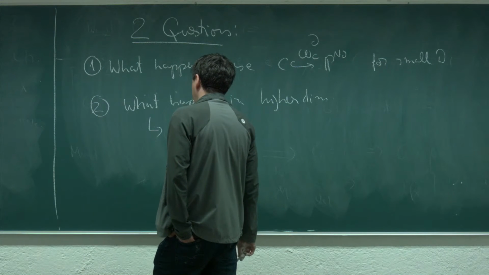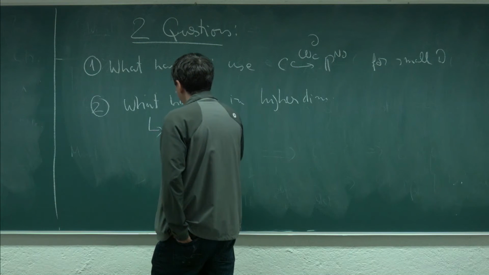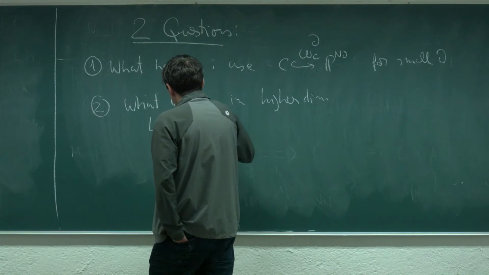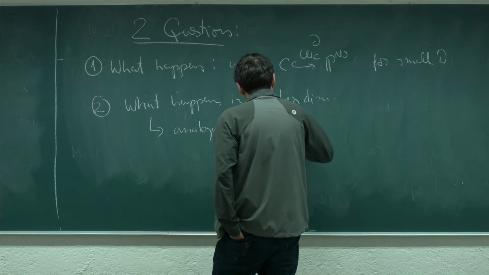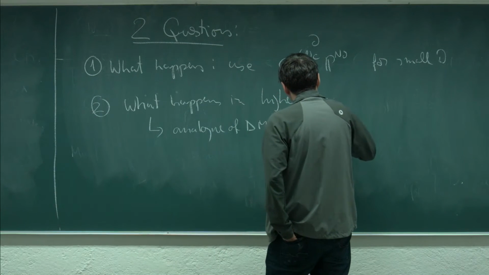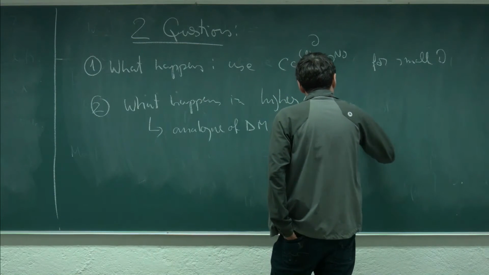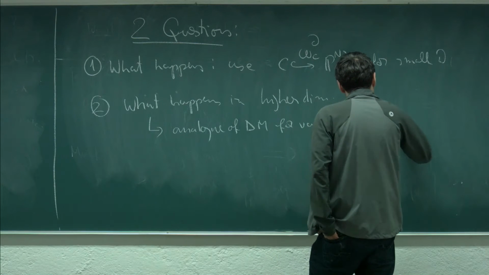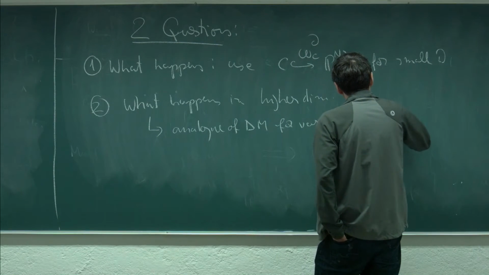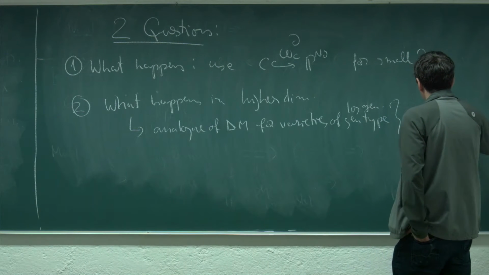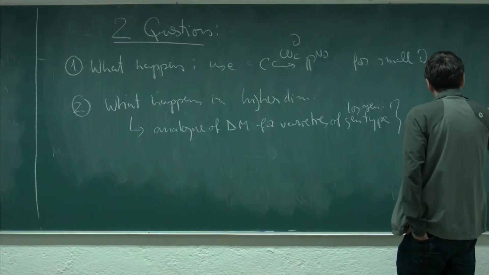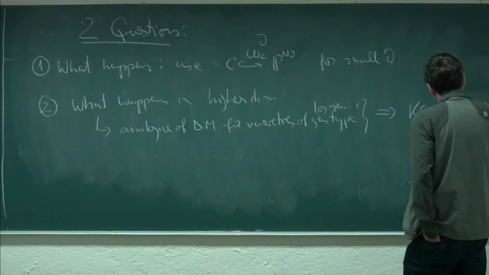First of all, there exists a good analog of DM for varieties of general type, and even log general type. This is the so-called Kollár-Shepherd-Barron-Alexeev compactification.